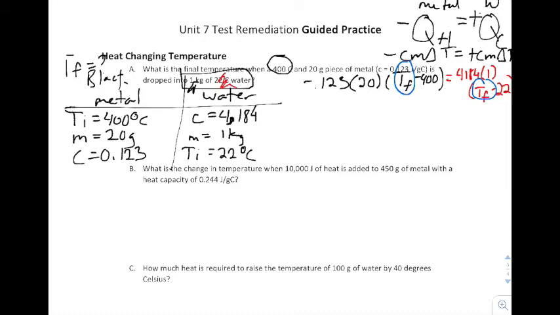So the first thing that I would do is multiply these two numbers and then distribute it across.